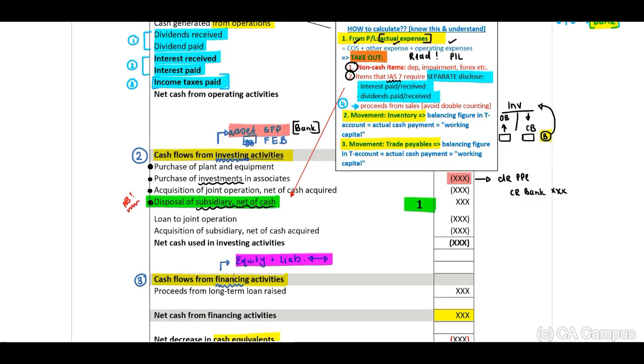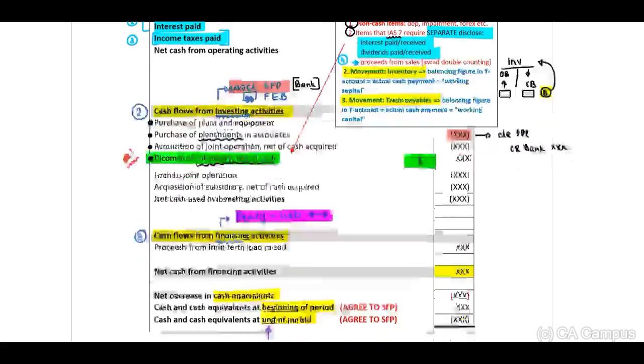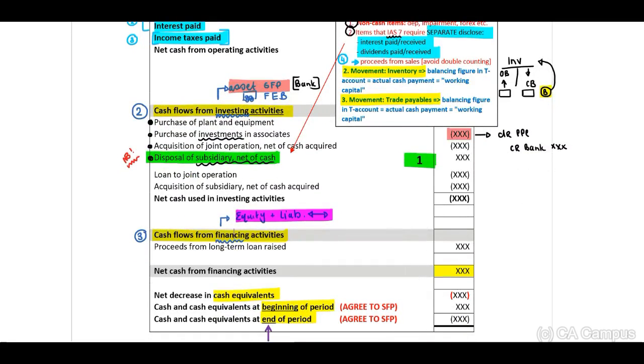Now I want to discuss the signs in your cash flow statement. Now, what do I mean with signs, guys? When you look at our cash equivalents movement, this is our net decrease in our cash equivalents. If we talk about a decrease, you need to remember to include your brackets.